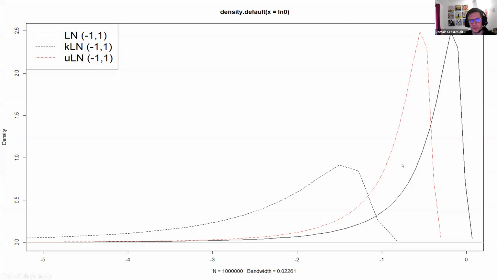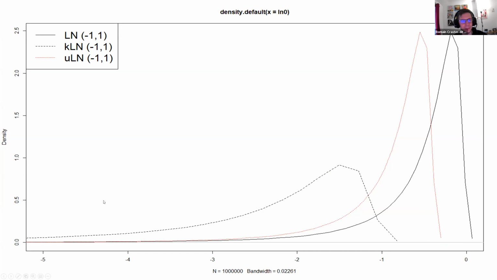Now we just try different values, and we can see that when the mean gets lower, remember that this is log normal, so it's exponential of a negative number, the log normal distribution has a point mass which gets closer to 0, but the mu shifted still has a point mass which is away from 0.